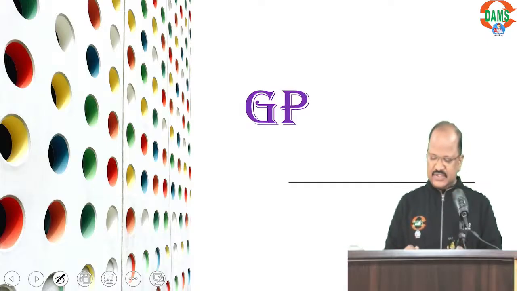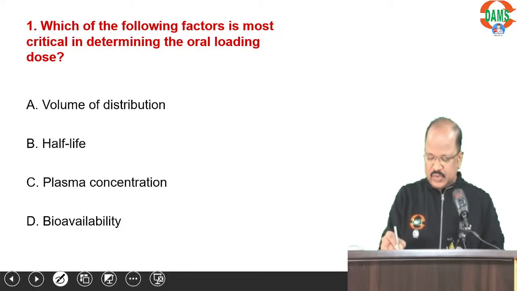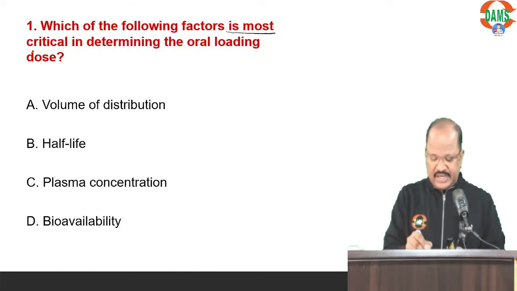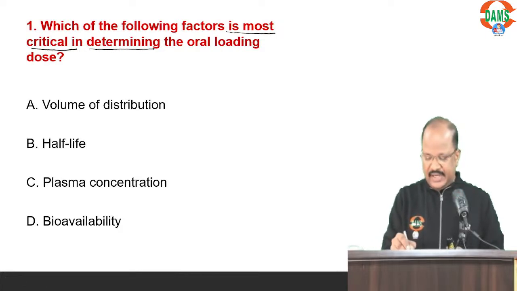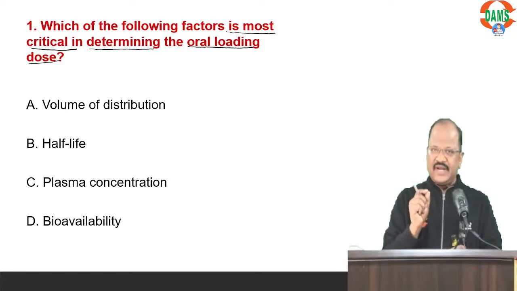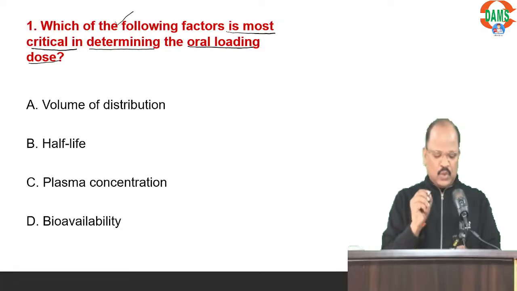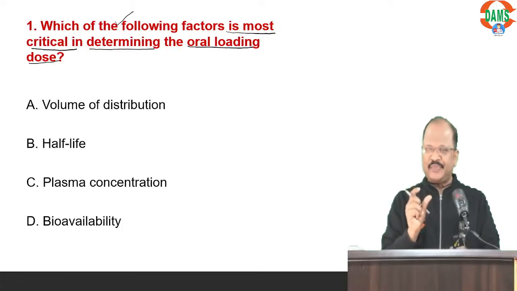The first question: which of the following factors is most critical in determining the oral loading dose? Asking what is the important factor necessary for calculating the loading dose. I think it's a multiple response question. Bioavailability and, most importantly, volume of distribution and target plasma concentration.